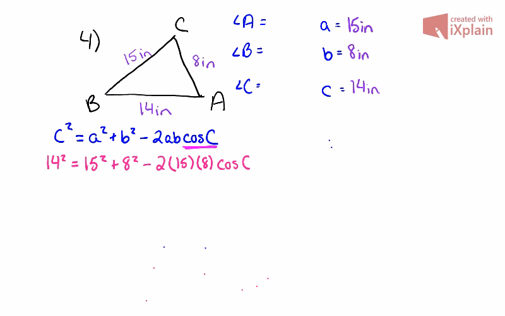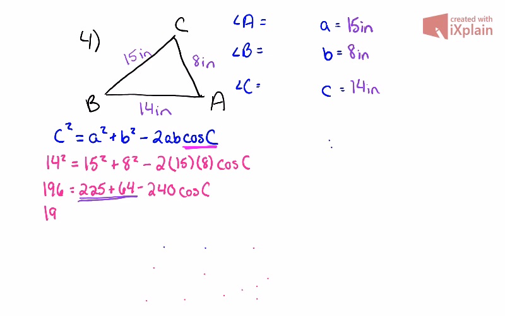14 squared is 196, 15 squared is 225, 8 squared is 64, minus, I'm going to do 2 times 15 times 8 in my calculator, which is 240 times the cosine of C. Now, I'm going to combine some like terms, so I can combine these guys here.